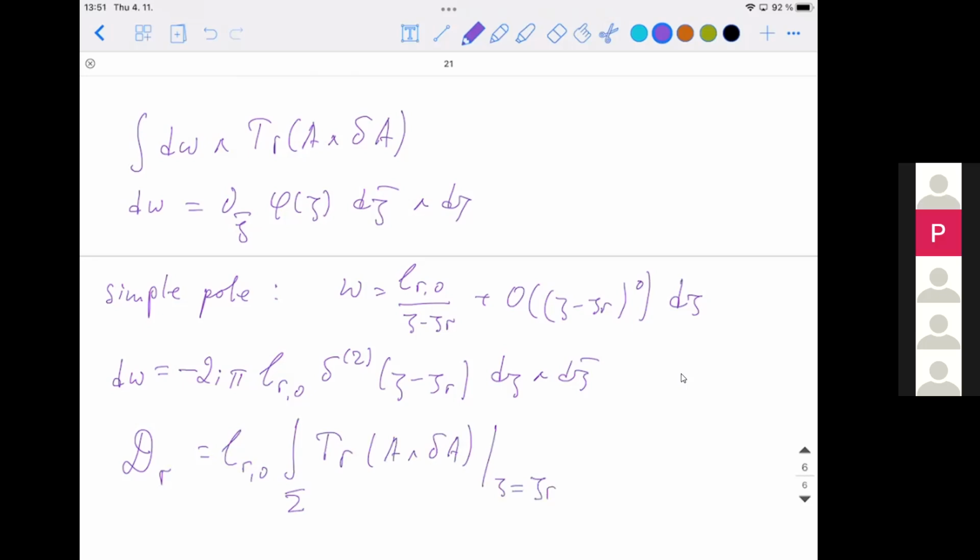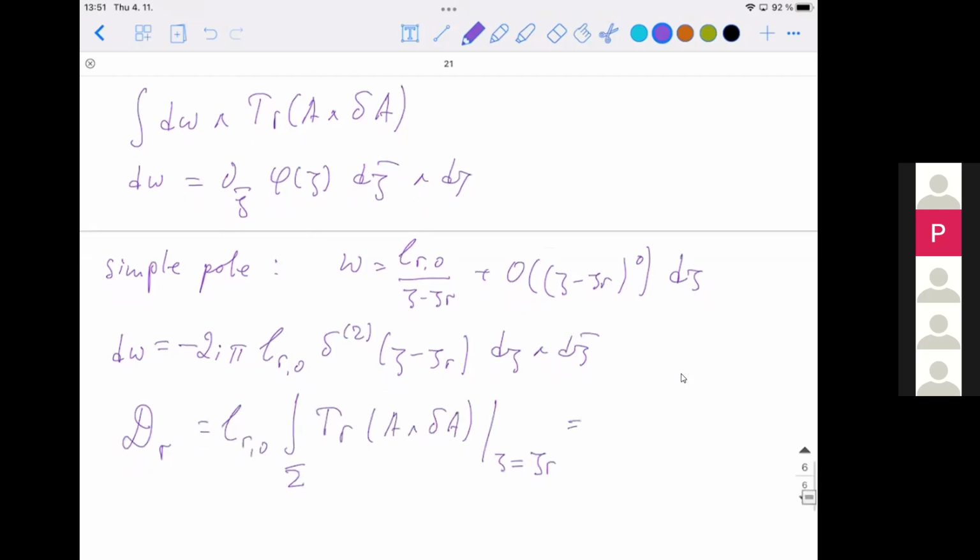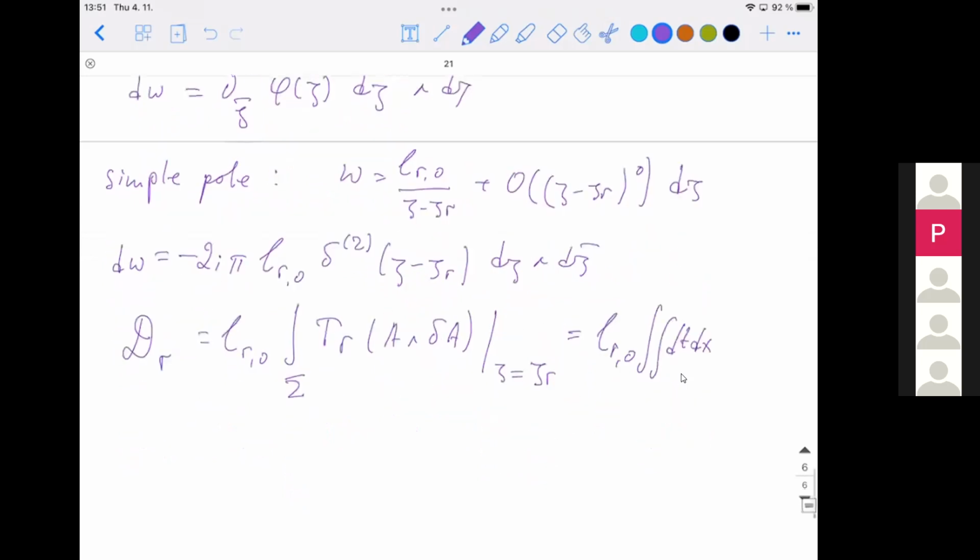So it's just, or in terms of the components, we can just write it like this.